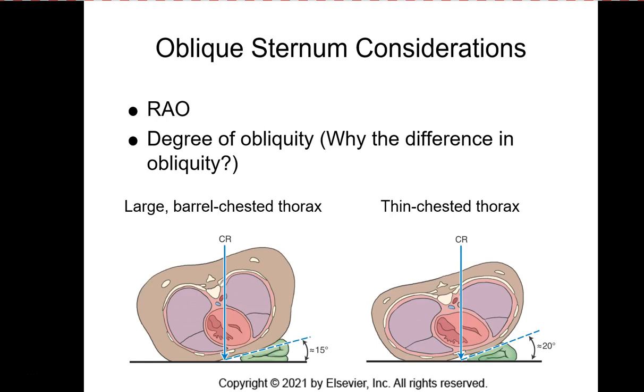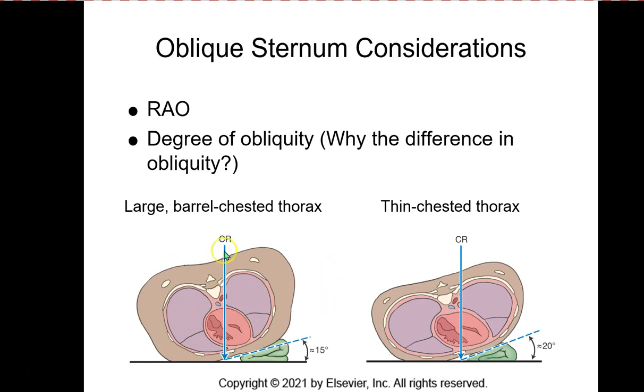A patient with a shallow or thin chest, which you see here on the right, requires more rotation than a patient with a deep chest. And again, the purpose is to cast the sternum away from the thoracic spine. So a large barrel-chested person typically requires closer to 15 degrees obliquity, while a thin-chested patient needs more, like 20 degrees.